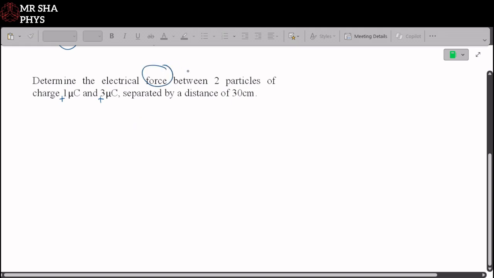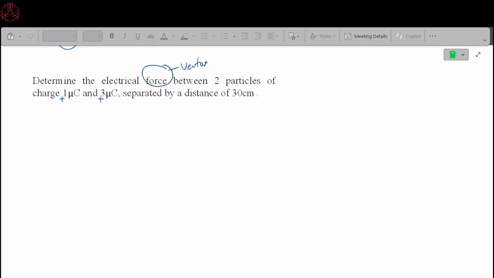Remember that force is a vector, and if you're determining some vector, you need two things: magnitude and direction. The distance is 30 centimeters. You should convert this into meters. So r is going to be 0.3 meters.